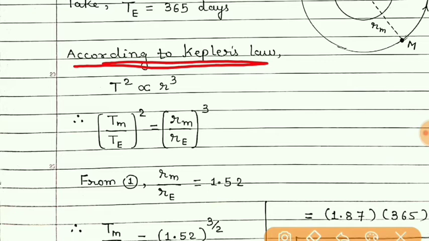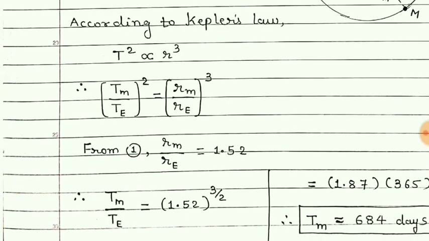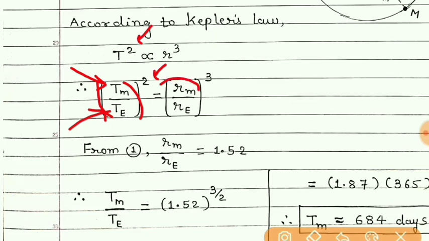So according to Kepler's law, square of T is proportional to cube of r, and so we can take this ratio that Tm upon Te, and square of this, because here it is square, is equal to Rm upon Re, and as it is cube, so here also it is cube.